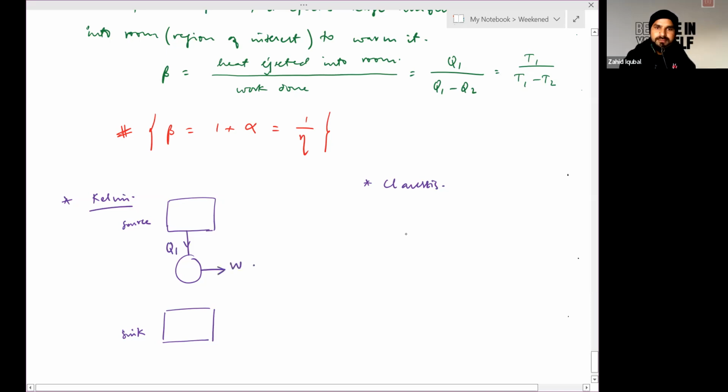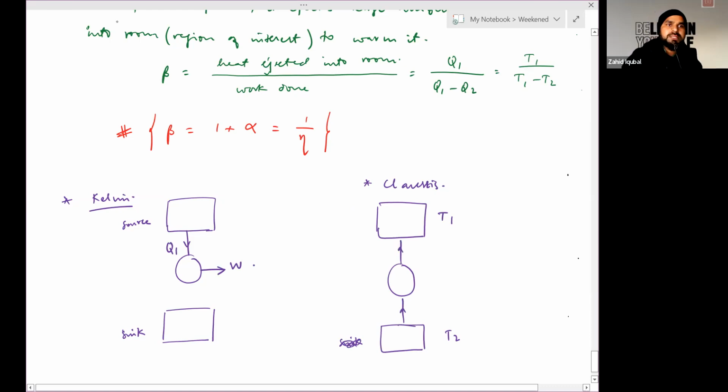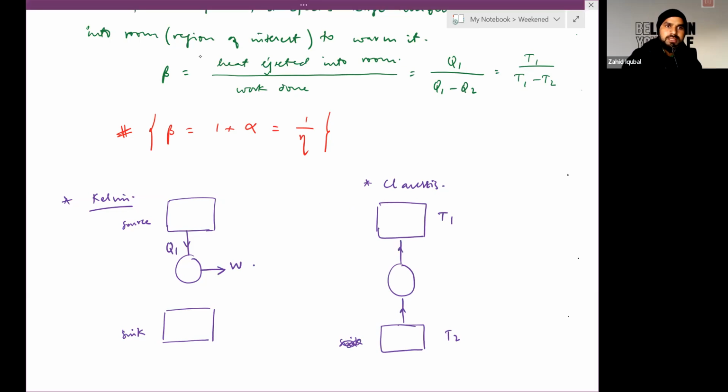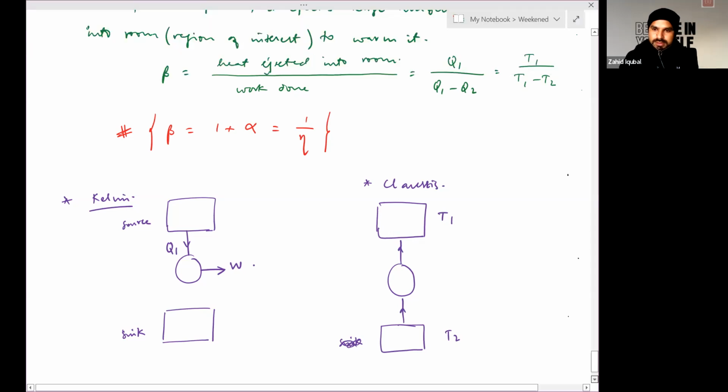It won't be possible. Next, if this is at lower temperature, sink or any lower temperature body, and this is at any higher temperature body, so no process possible whose sole result is to convert or transfer heat from lower body to higher body. So you'll be asked these two statements as well.